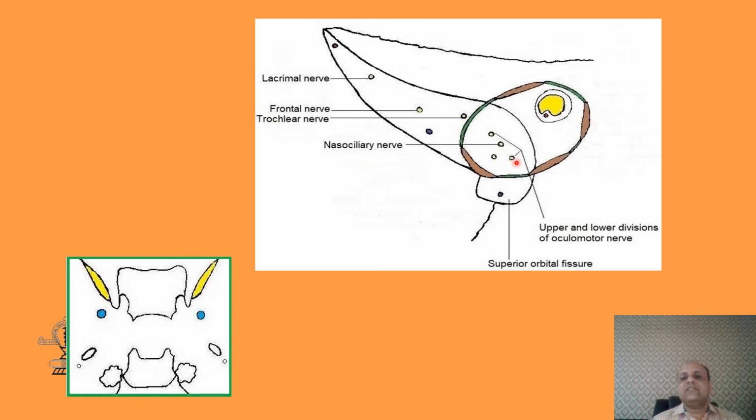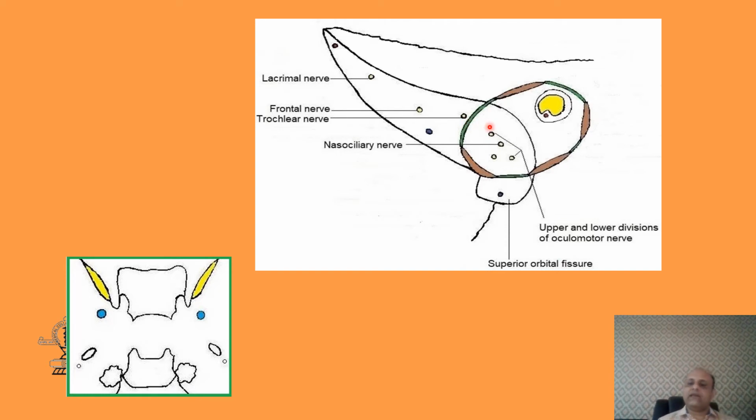So this trochlear nerve, which was initially lying inferior to oculomotor nerve in the lateral wall of the sinus, becomes superficial to the oculomotor nerve in the anterior aspect of the sinus, and then it leaves the cavernous sinus and enters the orbit through the lateral part of the superior orbital fissure.